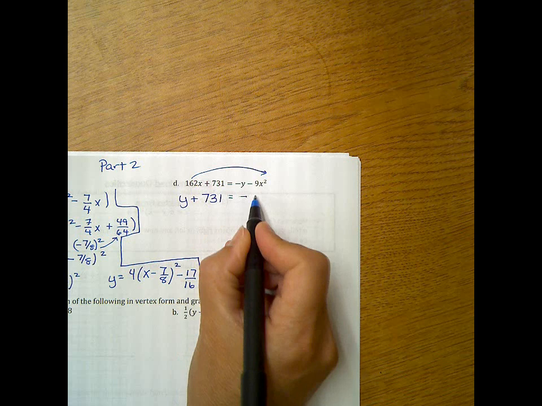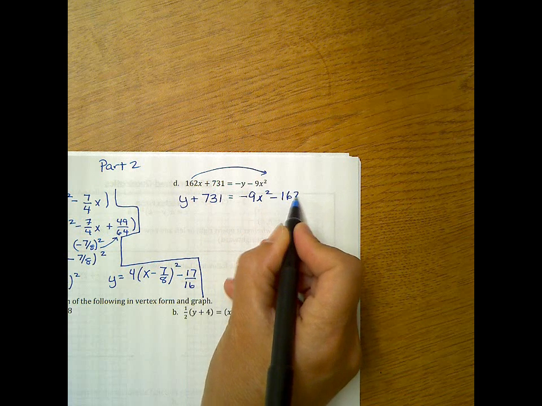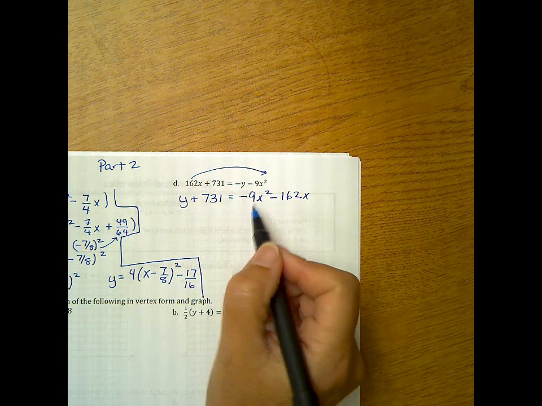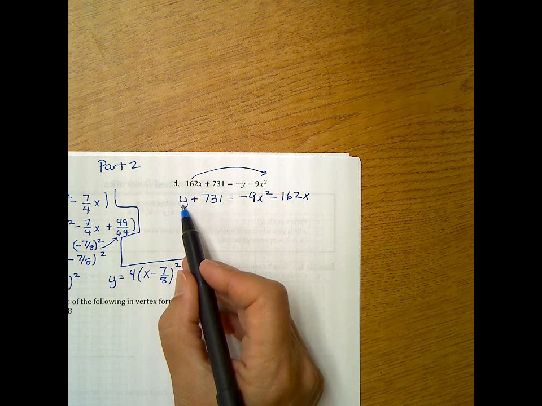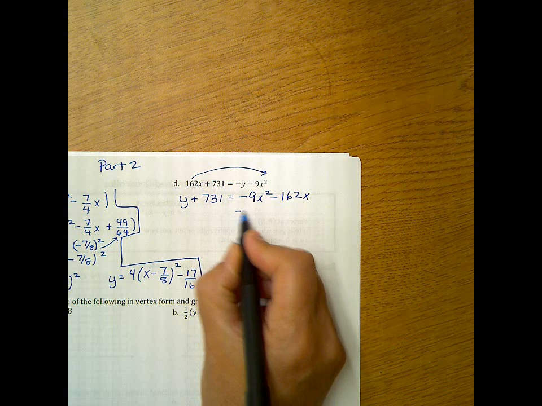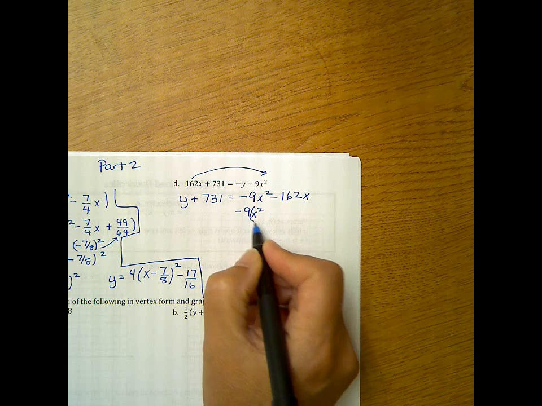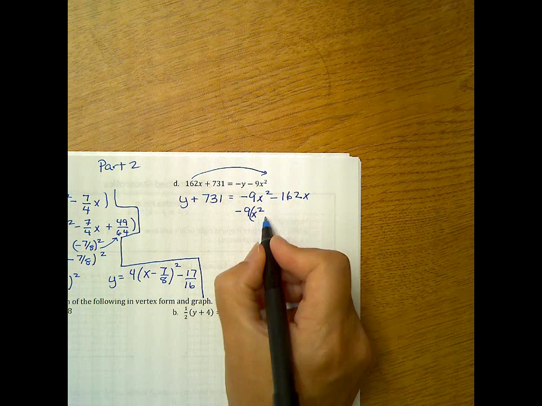So that's negative 9x squared minus 162x. The first thing in completing the square is bringing that constant term over with the y. Then the next thing is to factor out any leading coefficient. So if I factor out a 9, 9 times 18 is 162.